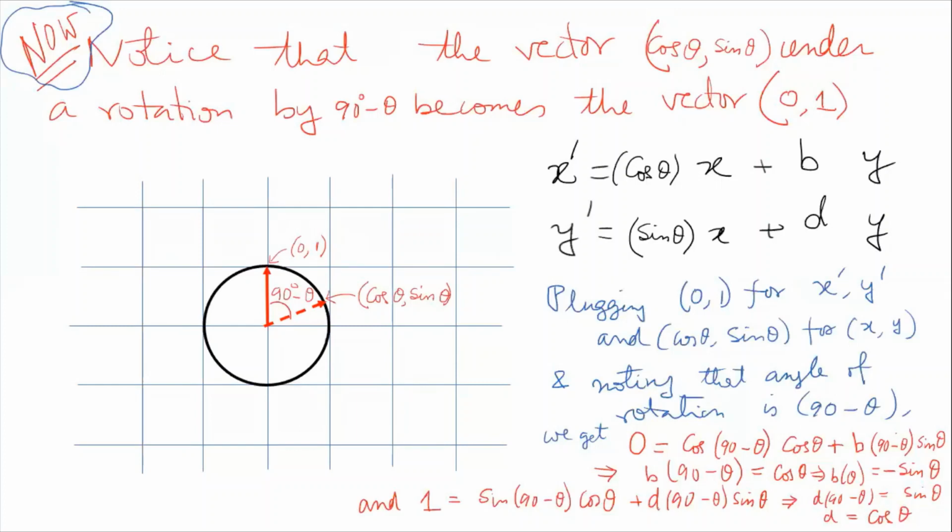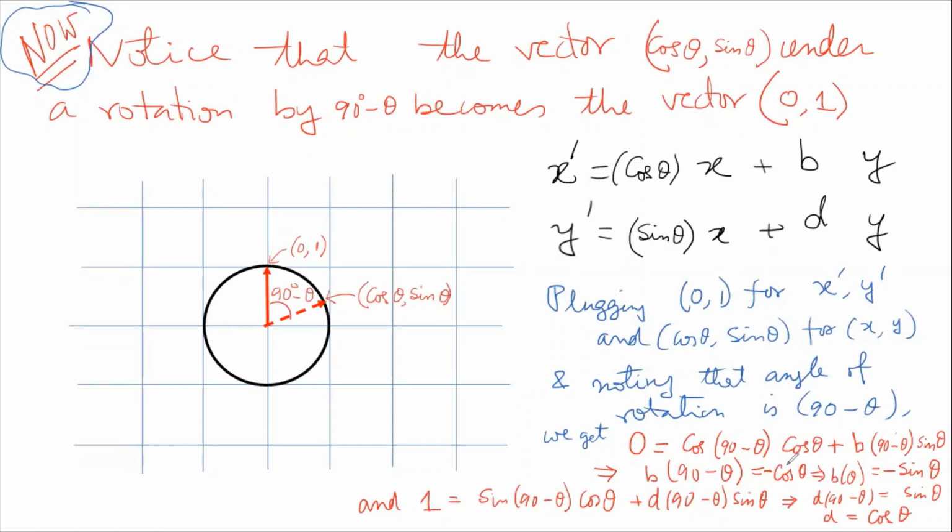There is a minus missing there. We'll correct it in a moment. So let's put that minus sign in there. So this becomes minus cosine theta. And you get b equal to minus sin theta.